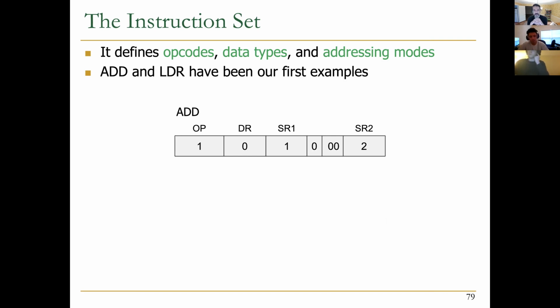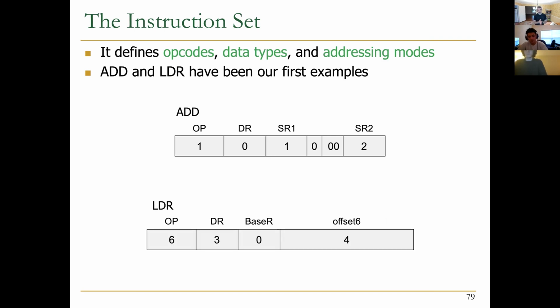You have some opcode, you have the destination register, source register 1, source register 2, and where these are located in the encoding, right? For LDR, the encoding was different, right?